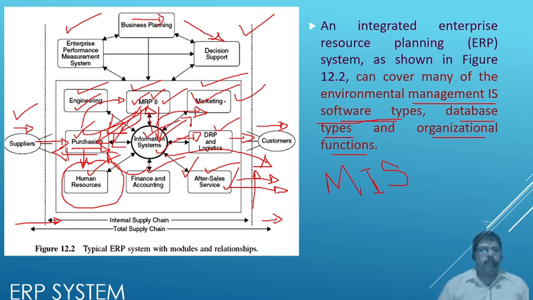When we purchase, when we sell, when we give a service, when we buy back the products, as an enterprise they have to maintain green initiatives. That is the concept here. The ERP system already exists, and in the ERP system we have to maintain the green initiative. How this is done, what the positives are, what the negatives are, let us discuss.